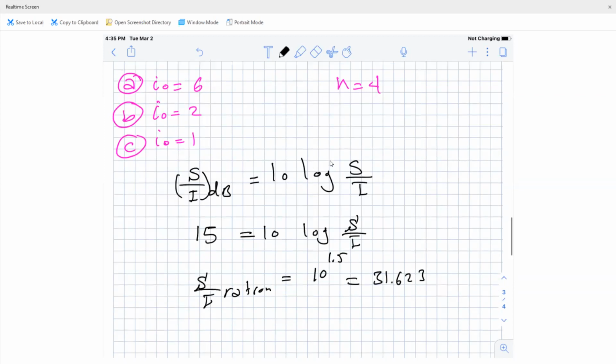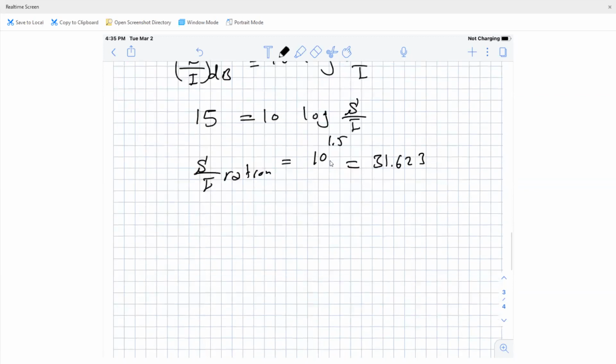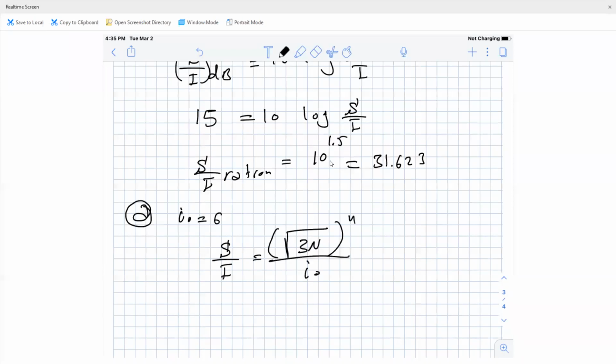Well, let's go to the first branch, omnidirectional antenna. I naught equals 6 co-channel interfering cells. So S over I, I'm going to follow this formula: S over I equals square root of 3N capital raised to n small over I naught. n small is equal to 4.